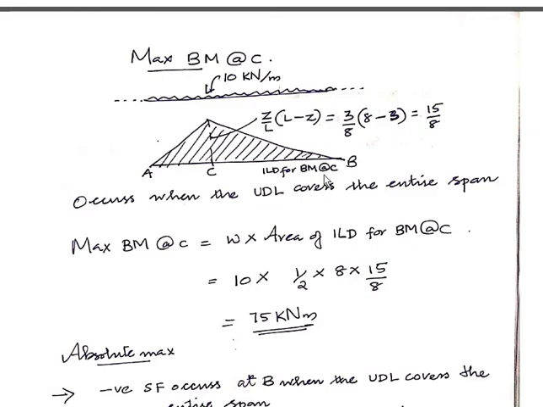This is again a triangle, and the area is half BH, and B in this case is the full length AB. AB is 8 meter, so half 8 into H, which is the ordinate 15 by 8. So the maximum bending moment at C is equal to 75 kilonewton meter. The unit is a must.